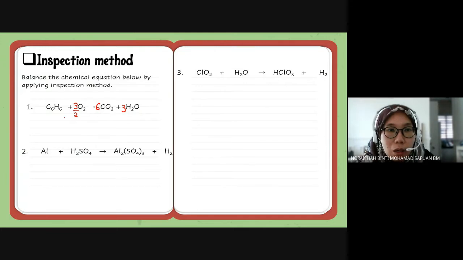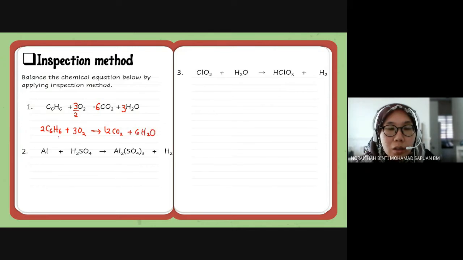Atau kita boleh jadikan persamaan kimia ni, chemical equation ni darab 2 supaya persamaan tu akan dapat 2C6H6 plus 15 oxygen form 12 carbon dioxide plus 6 water.